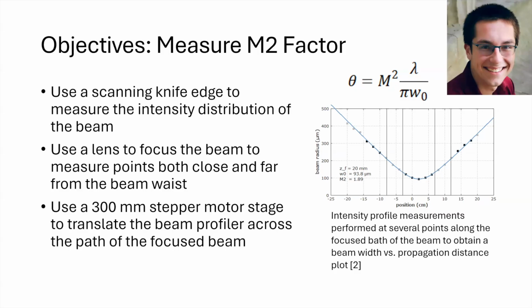And so in order to do this, since many lasers are close to collimated, we're going to focus it down with a lens and then measure the waist and divergence there in order to compute the M squared factor. So we have a 300 millimeter stepper motor stage, which will translate our profiler across the path of the beam in order to get the required profiles to measure the M squared factor.